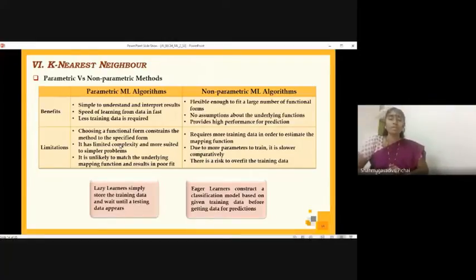Then limitations. Choosing a function, like when you talk about the functional form of a problem, constrains the method to the specified form. When you talk about the scope of the problem, we must match the scope of the problem with the potential of the method that we are going to choose.